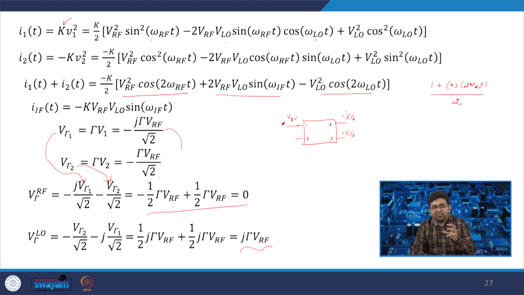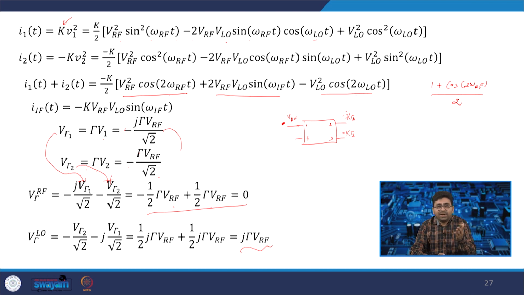This mixer was widely used in microwave mixer design, but you can also incorporate the same thing at very high frequency in on-chip RFIC design, where you need to design a hybrid coupler, and there are many methodologies by which you can design a hybrid coupler on chip.